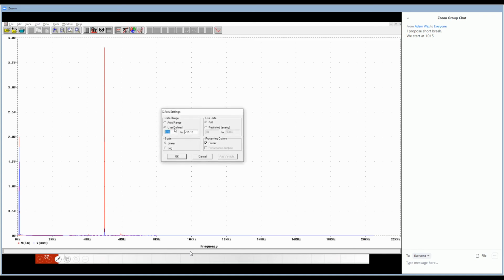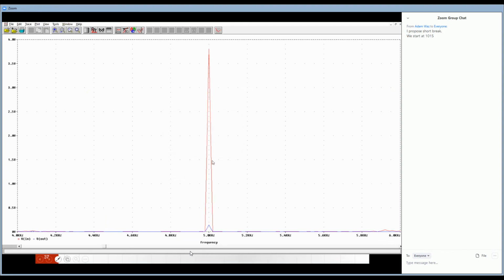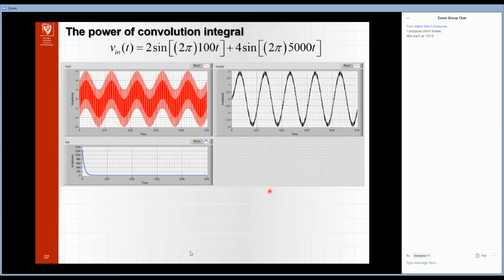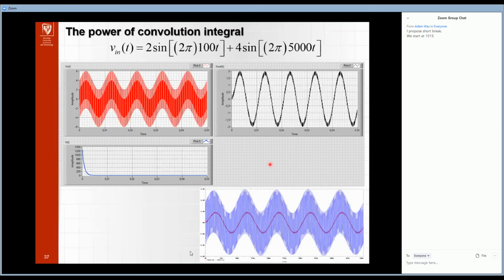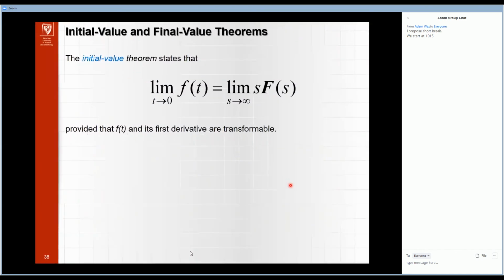So maybe first I can change the scale, and so from this amplitude we change up to this value. So our filter is quite good.